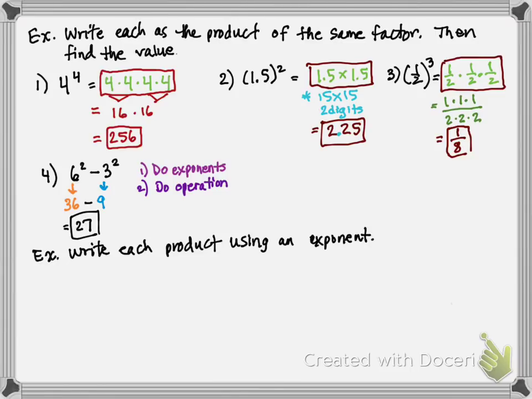If those words don't trip off your tongue, make some flashcards, make sure you get them. So this is super, super easy. You'll see something like 8 times 8 times 8, and your job is, well, my base is 8, and how many times does it show up? 3. Bada boom, bada bing. That's it. Done. Super cinchy.